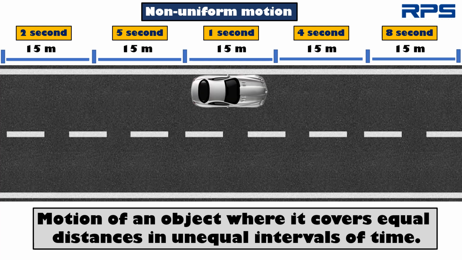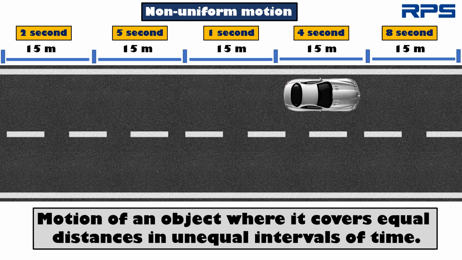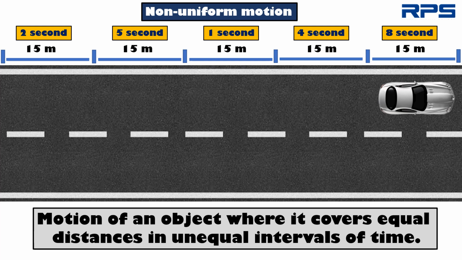Then it takes 4 seconds to cover the same distance, that is 15 meters, and covers the last 15 meters in 8 seconds. So it covers equal distances, that is 15 meters each, in unequal intervals of time. So we can consider this motion as a non-uniform motion.